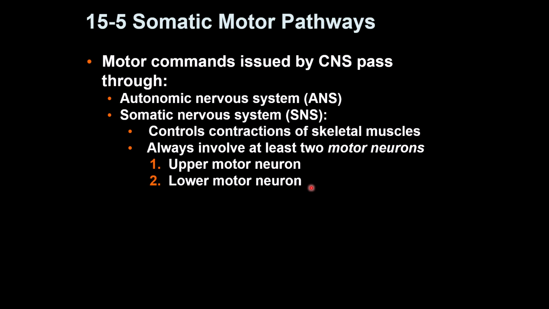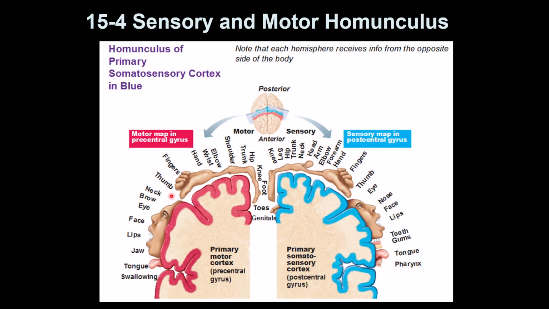And the lower motor neurons are located either in the anterior horn of the spinal cord or the cranial nerve nuclei. So once again, the upper motor neurons are located in the cortex of the brain or in the nuclei of the brainstem, and the lower motor neurons are located in the anterior horn of the spinal cord and the cranial nerve nuclei.